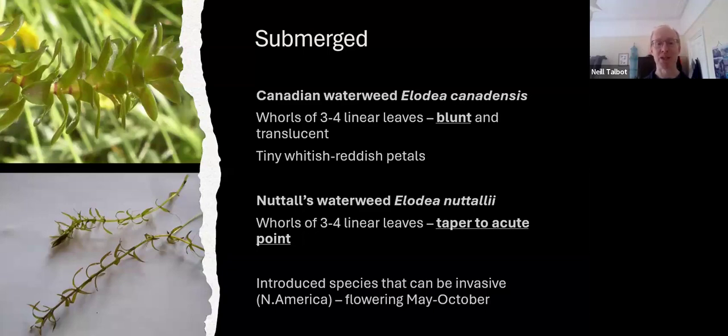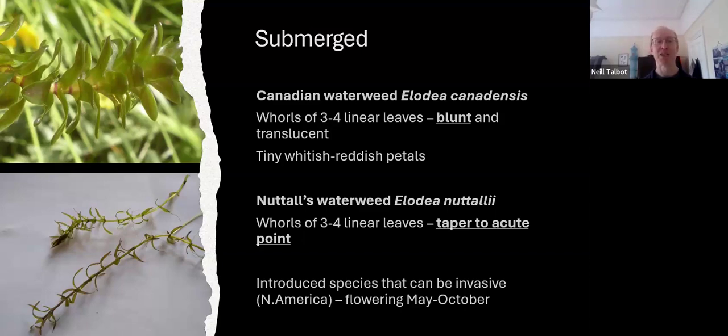So you've got submerged species, you've got emergent and floating, and reed swamp species, and you've got marginal species. That's a very basic summary of the different sections you get, but there are overlaps, of course. So you do get some species that inhabit part of one zone and part of another.